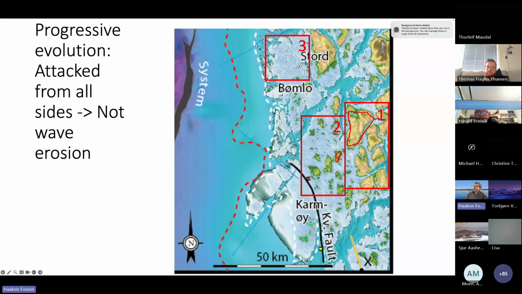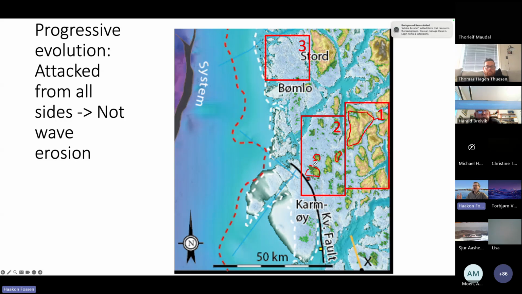And in other places we can see that it's mainly the strandflat, with just some small patches of higher topographic features. So I think this is like a progressive evolution of strandflat formation. And through this, you have erosion processes going on in many places at the same time.